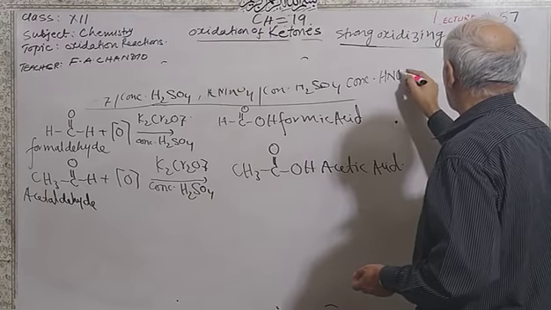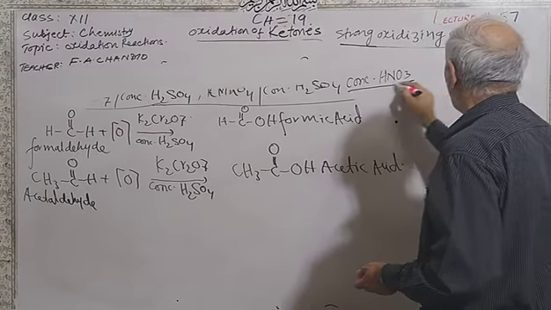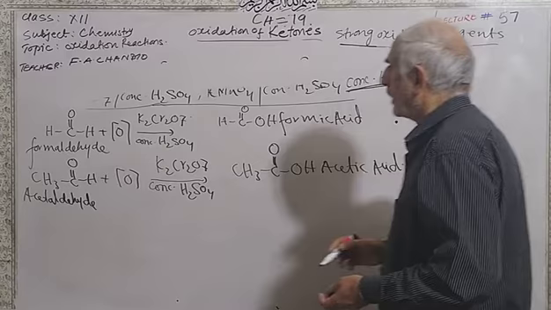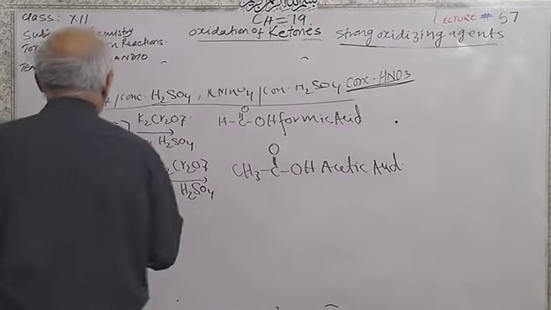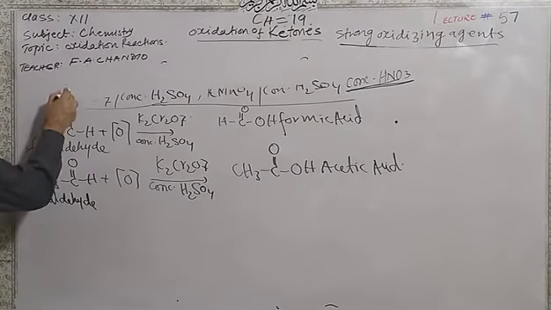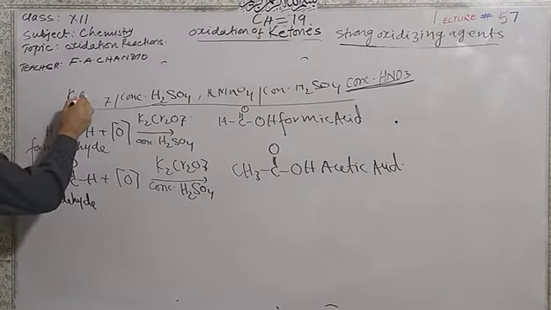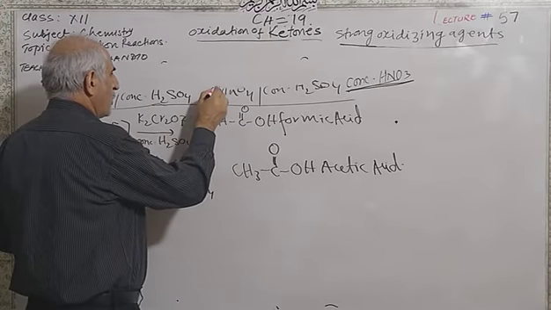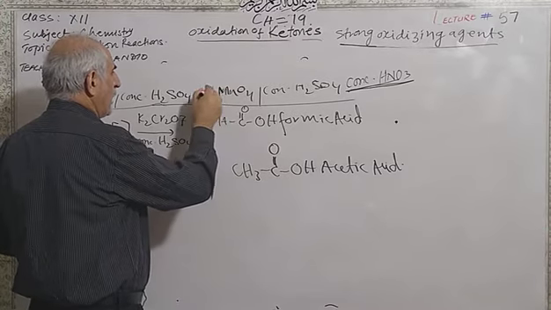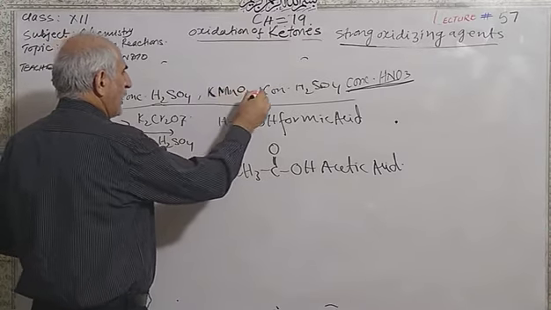concentrated nitric acid. We don't use dilute nitric acid. Potassium dichromate, concentrated nitric acid, potassium permanganate, concentrated sulfuric acid with concentrated nitric acid.